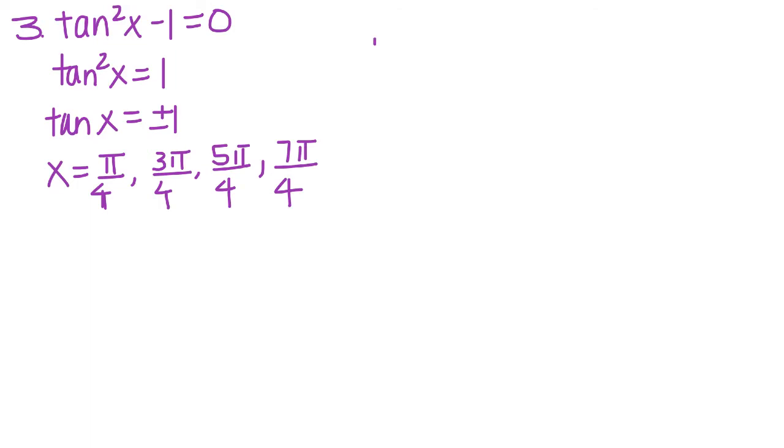Okay, so let's do a fourth example. Let's do sine of x plus the square root of 2 equals negative sine x. Okay, so what's the first thing we need to do?